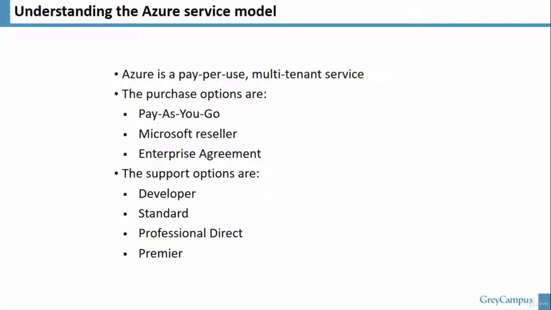With Premier, you receive customer-specific advisory services, a dedicated support account manager, cloud service dependency mapping, on-site services, and a response time of less than 15 minutes, in addition to all the features included in Professional Direct. So these are some of the ways you can have a support option available for you when you are hosting your services on the Azure platform.